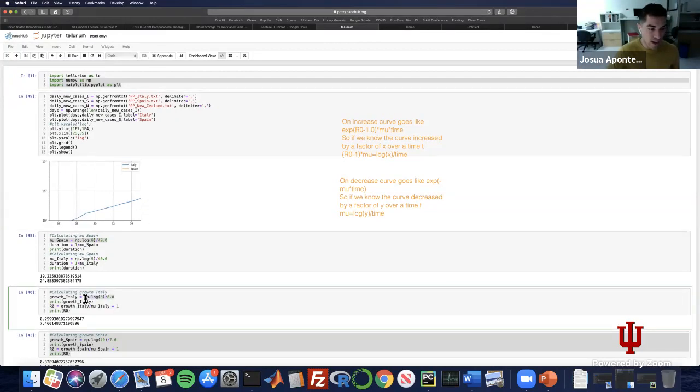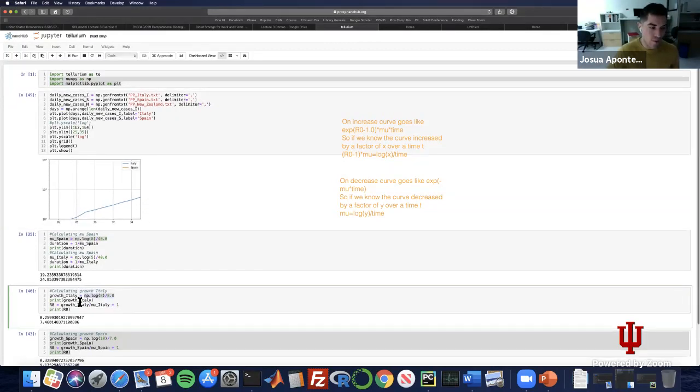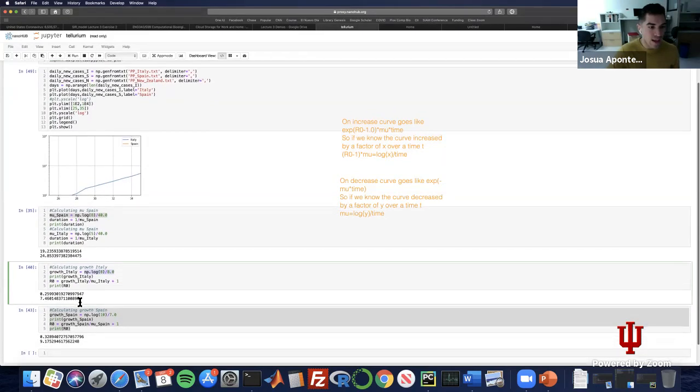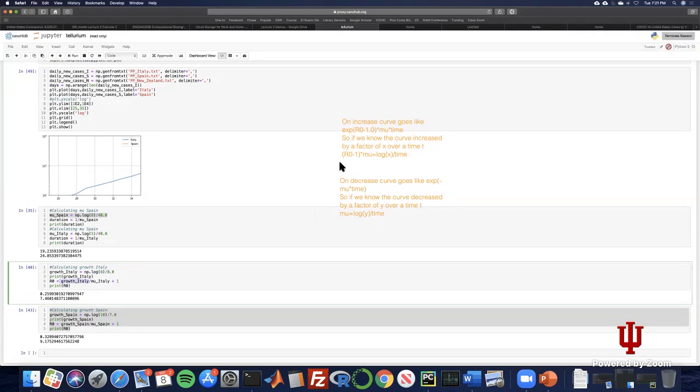That's the slope of that curve. And then we can estimate R0 by dividing the slope of this curve by mu plus 1, which is given by the expression that James has given here. And people should read the notes.